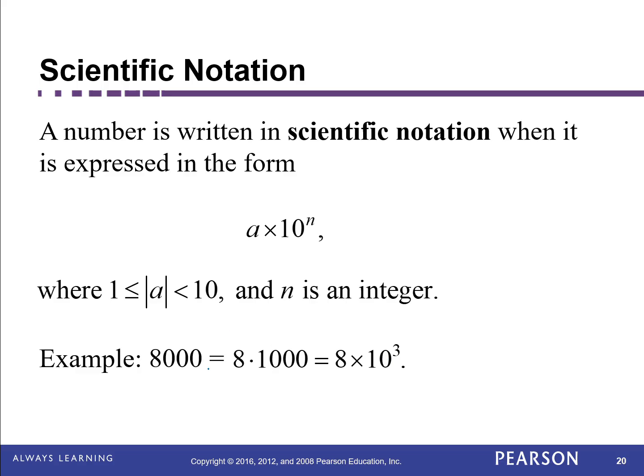What a lot of people might see this done too, or might have been taught this, which is fine, is you take the decimal, which would be behind the 8 here, we move it 1, 2, 3 places to the left so that we get 8.0, and because we moved our decimal 3 places, we're going to multiply it times 10 to the third power.